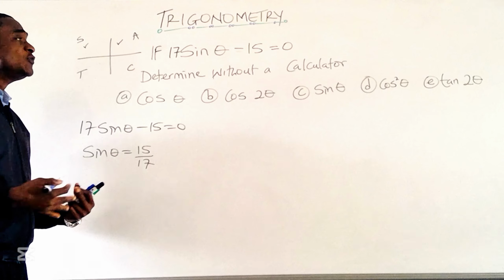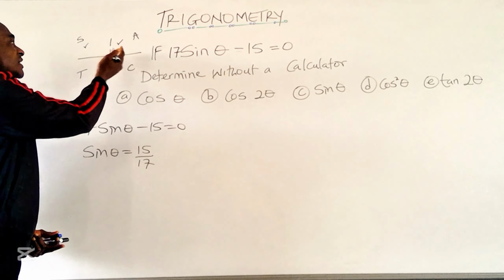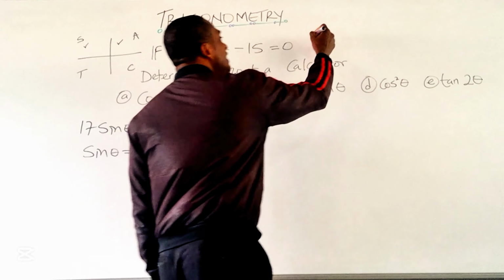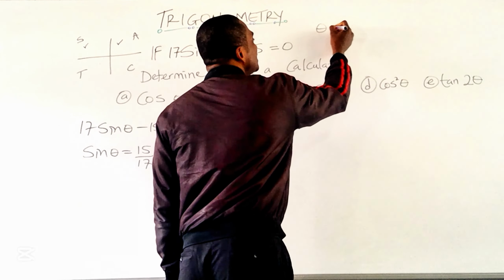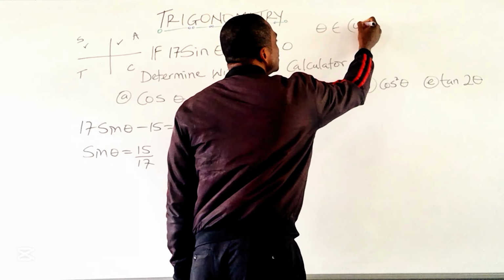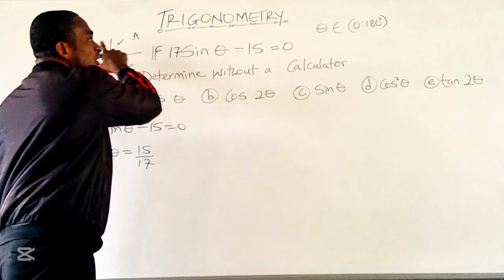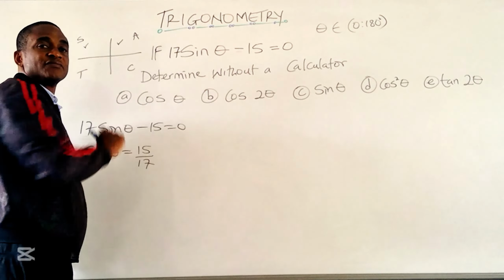Please remember, if no restriction is given, you can create a sketch on any of them. But if we have a restriction, like if they have given us that theta is an element of 0 to 180, yes, it can be here or here. If they have given us something like theta is an element of 180 to 270, then we cannot consider the first quadrant even if sine is positive.